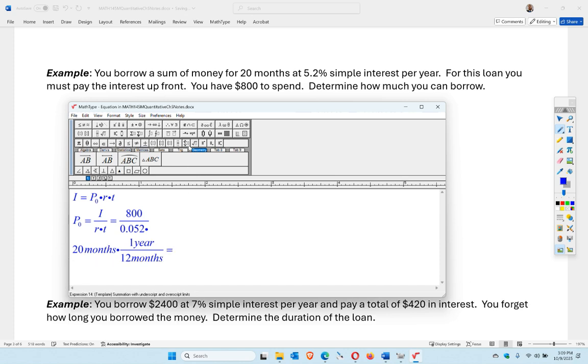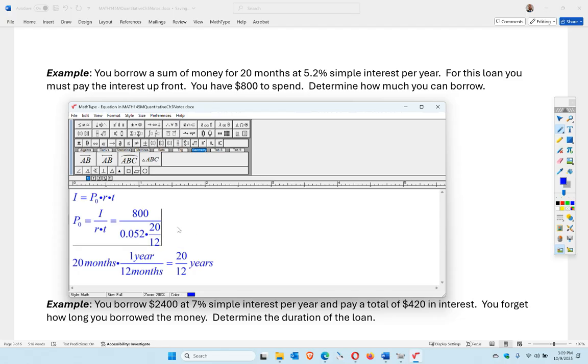So that is a ratio of 20 over 12 years. Again, you can simplify that, but it's not necessary. Just put it in there as the fraction, okay? Okay, so let's get our dollar amount for principal I can borrow.